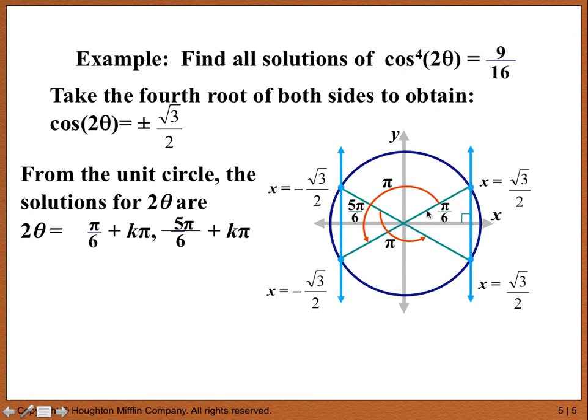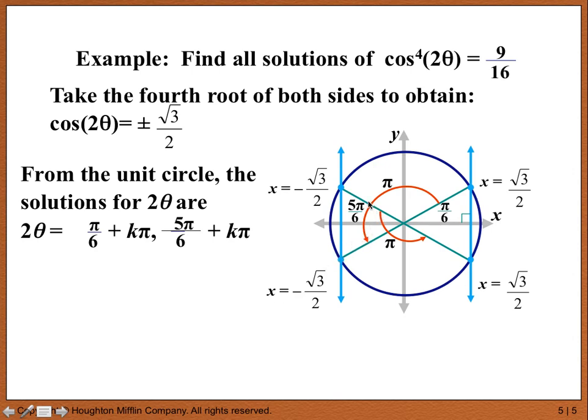If you look at pi over 6, for example, which I'm tracing now with the mouse arrow, it's obvious that the cosine of this angle is root 3 over 2. I can just read it off the unit circle. But I have to remember that negative root 3 over 2 is also a valid solution. If I go pi units away from pi over 6, which is what this red arc indicates, I end up at 7 pi over 6, and that's a valid solution.